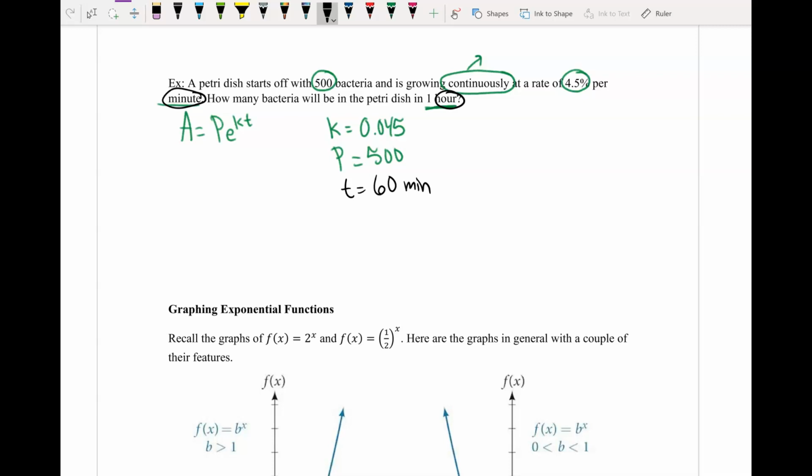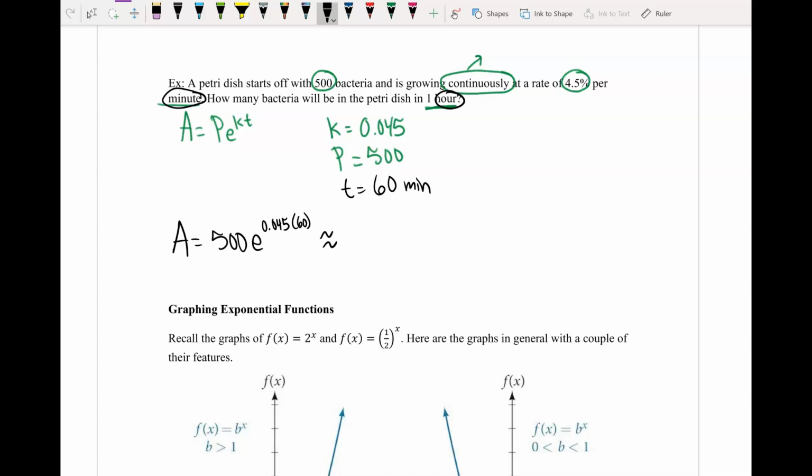So all we really have to do is plug and chug. A is equal to P, which is 500, times e to the power of k, which is 0.045, and then t in this case will be 60. Let's plug this into our calculator: 500 e to the power of 0.045 times 60.